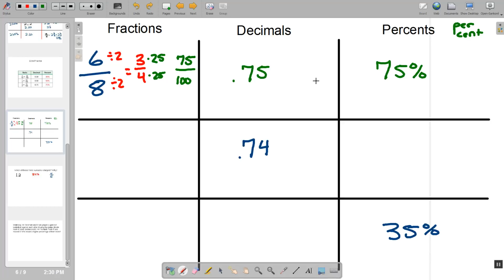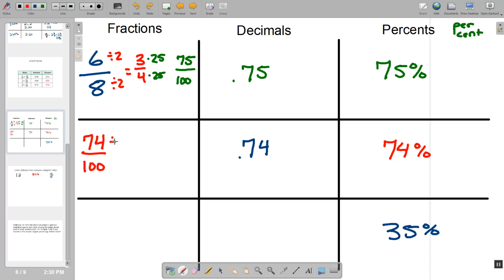Once again, the decimal and the percentage are usually going to look incredibly similar. For example, if I have the lower problem, 74 hundredths, that is going to be written as the percentage 74% immediately. Then we move back to the fraction, and we remember that this is 74 hundredths.